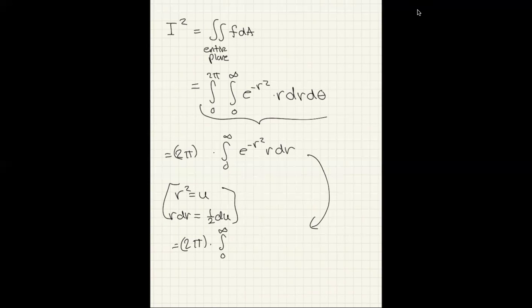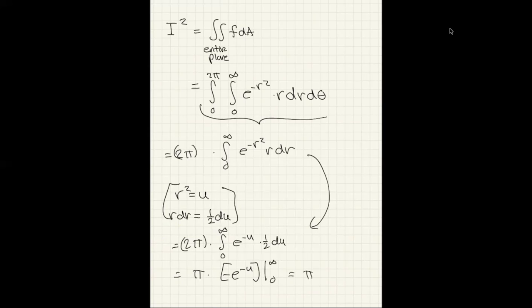I'm being a little sloppy with these bounds. You can see I'm clearly not teaching a Calc 2 course where we would be much more precise with throwing these infinities around. But once you pass Math 102 or Calculus 2, you sort of graduate from writing that limit everywhere, but that's beside the point. So if I convert this integral, we're going to have e to the negative u times 1/2 du, giving us pi times negative e to the negative u, evaluated at infinity and 0.